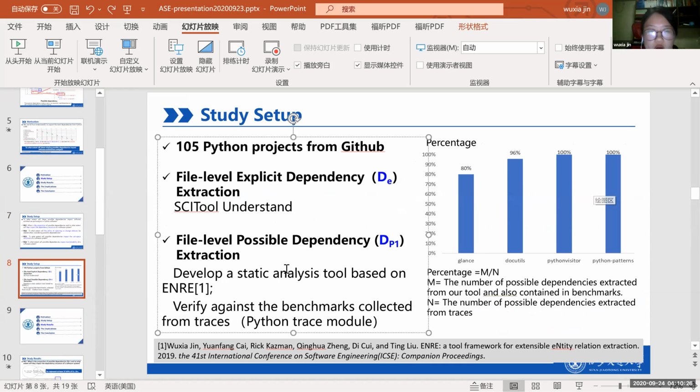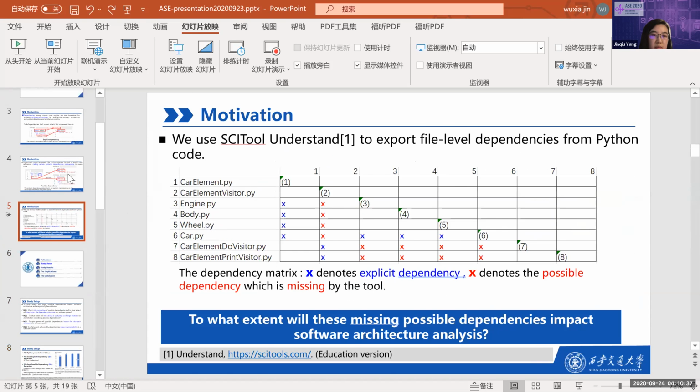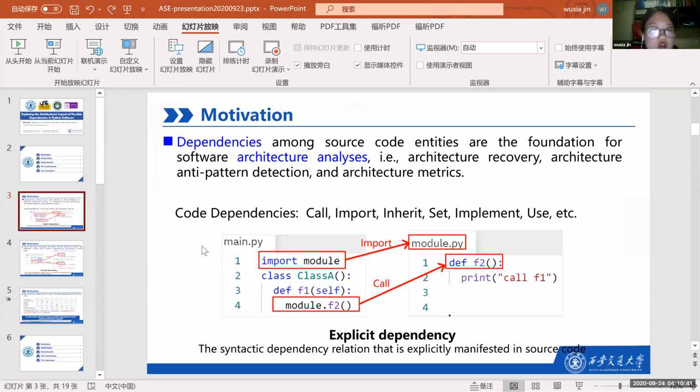Another work is that, because dependencies are the foundation for many architecture analyses, but in the paper we just did the four questions, we are now trying to investigate how the possible dependency and the explicit dependency will impact architecture anti-pattern detection.